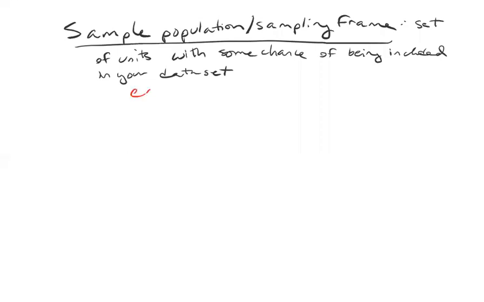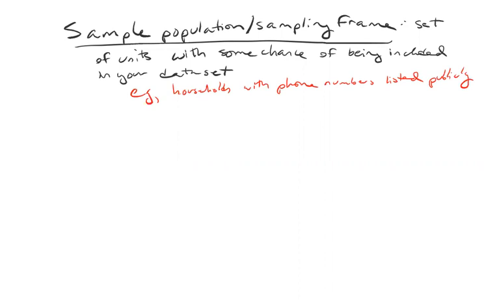So let's see, I'll just write the last example: households with phone numbers listed publicly, right? Maybe I'm going to go through the phone book, something like that. That's the sample population.